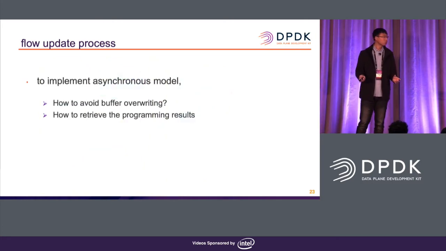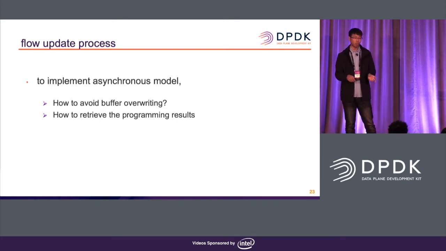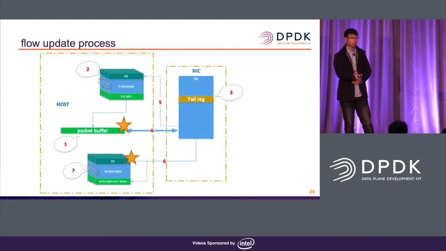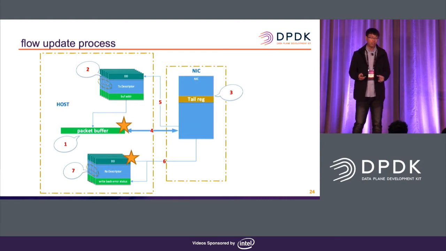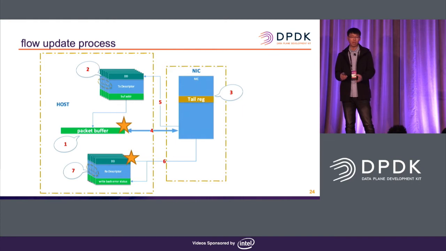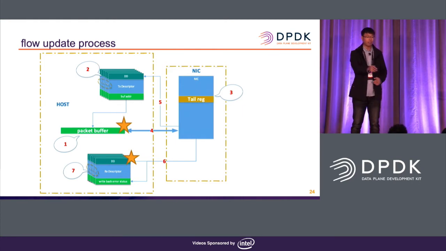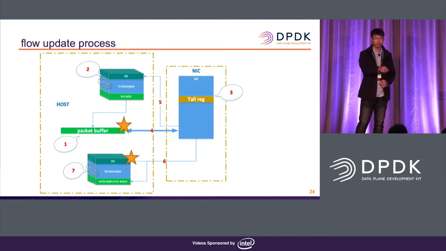To implement an asynchronous model, we have two problems. One is how to avoid buffer overwriting in step 1. Suppose that the software directly returns after step 3 and immediately inserts a new flow, starting to overwrite the buffer in step 1.